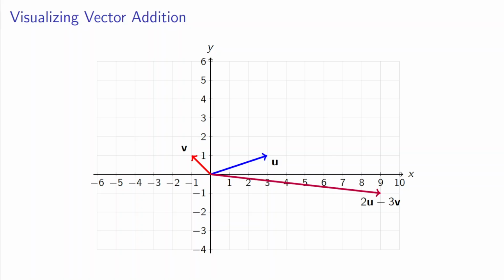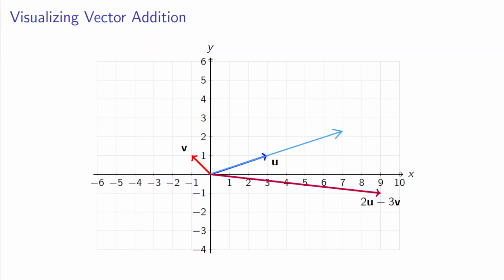Again, what we can do is build this up. So 2u would be taking the vector u and doubling its length. So here would be the vector 2u. And then we would take v and go in the negative direction of v.